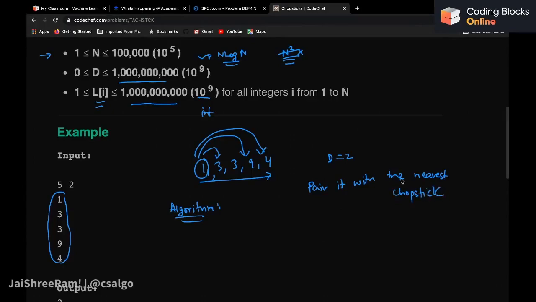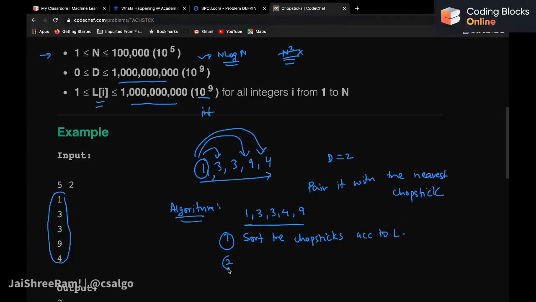So that means I should know that for 1 the nearest chopstick is 3, and for 3 the nearest chopstick is 4, and then we have 9. So that means we should first sort the chopsticks according to the length.